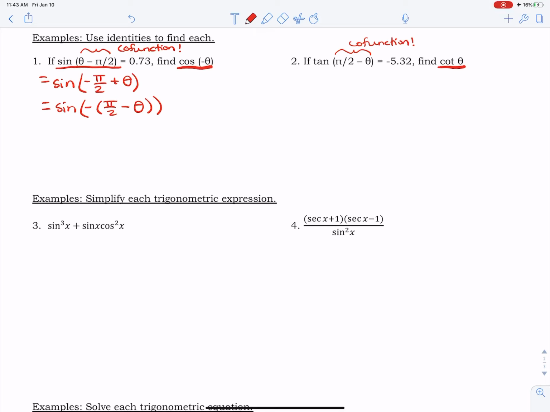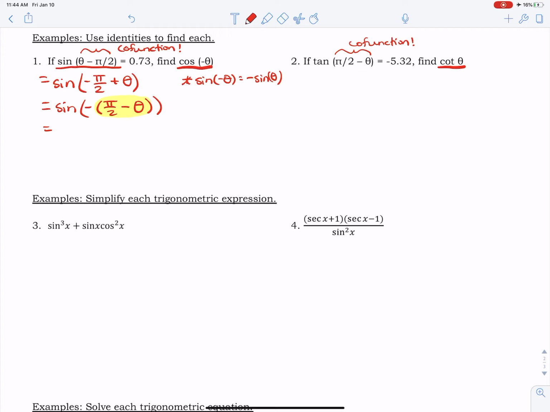And now it's like, gosh, I still have to get that negative out of there. Well, based on the even odd rule, sine of negative theta is the exact same as negative sine of theta.